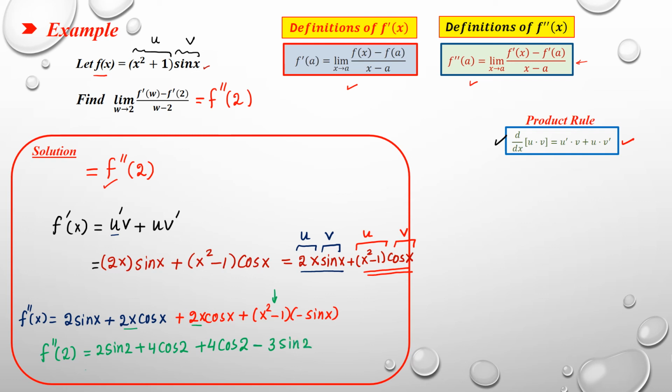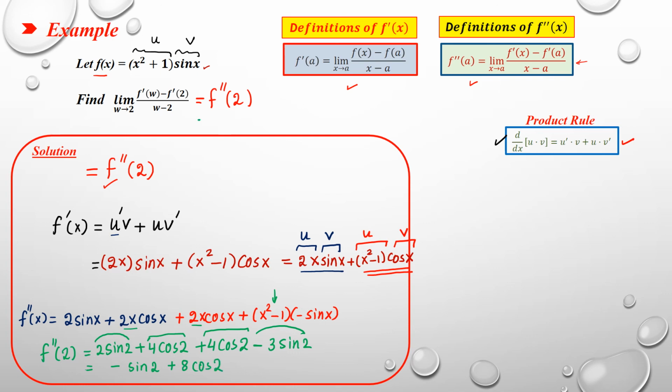Now group the sines with each other and the cosines with each other. We have 2 sine 2 minus 3 sine 2, which is minus 1 sine 2. And we also have 4 cosine 2 with 4 cosine 2, which equals 8 cosine 2.